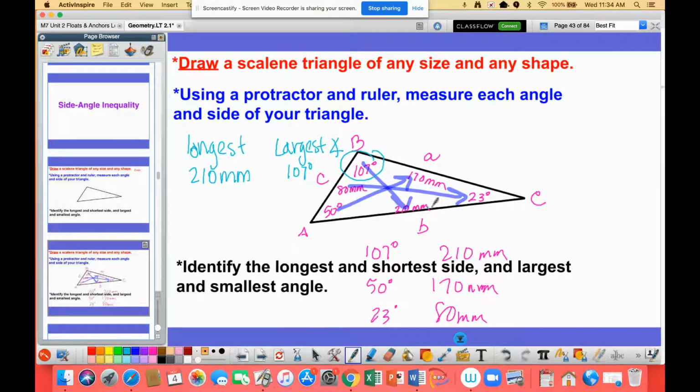So that's this one right here. Notice that that was angle B and then also side B, or AC there. My shortest side that I had was 80 millimeters right here.